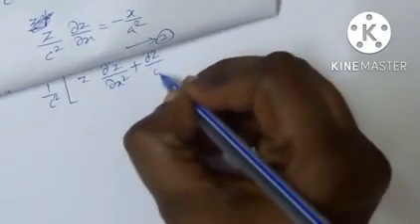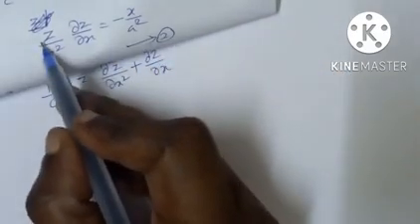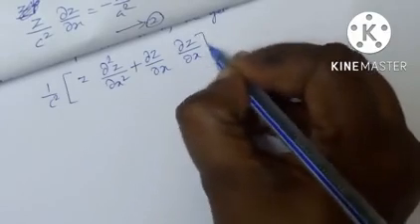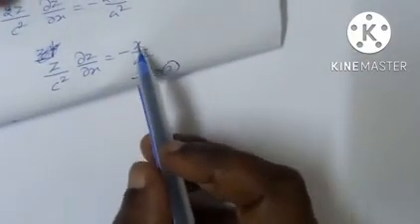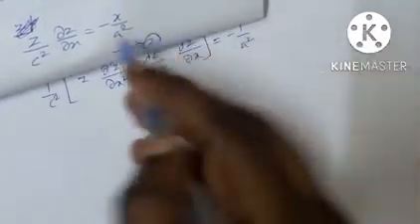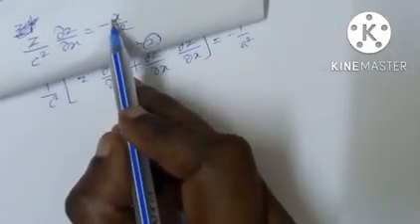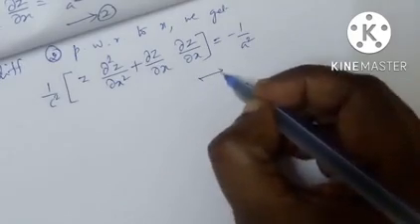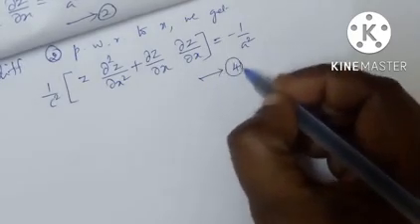Then keep dou z by dou x, differentiate this z, which becomes again dou z by dou x. UV method, right? Take minus 1 by a square outside. Differentiate x with respect to x, which is 1. So this is our new equation, you can mark it as 4.